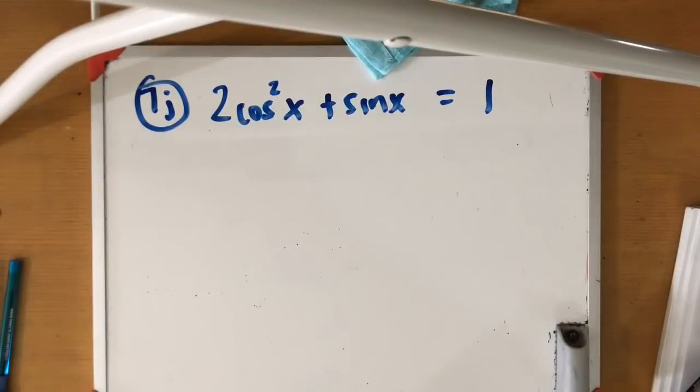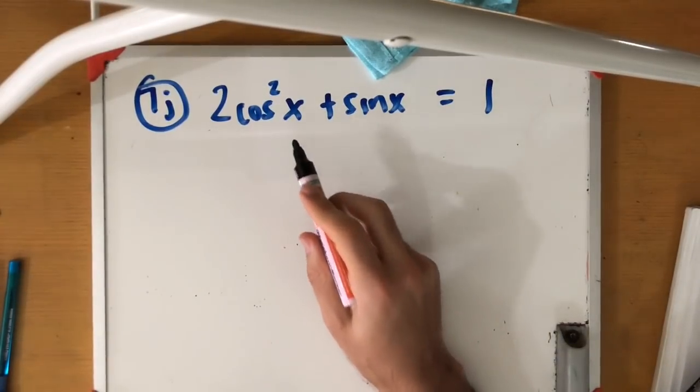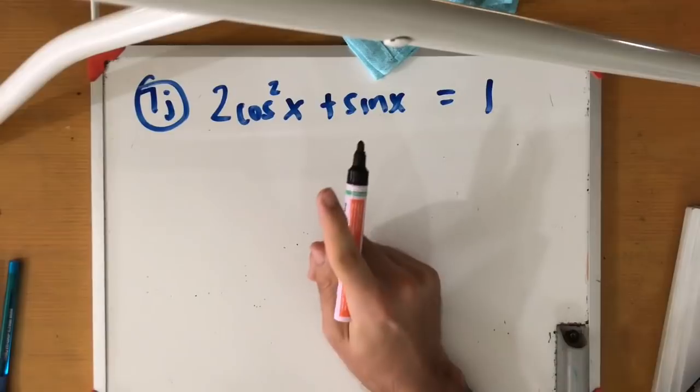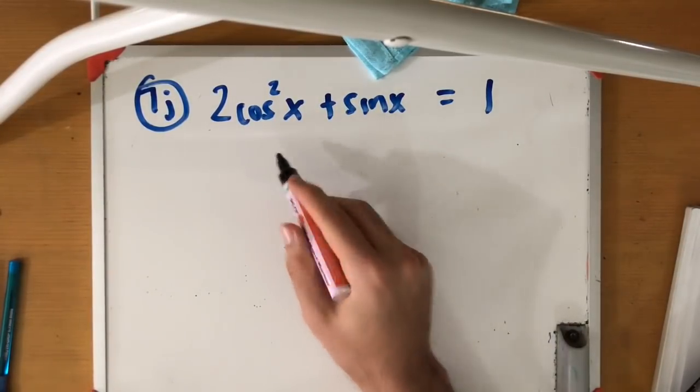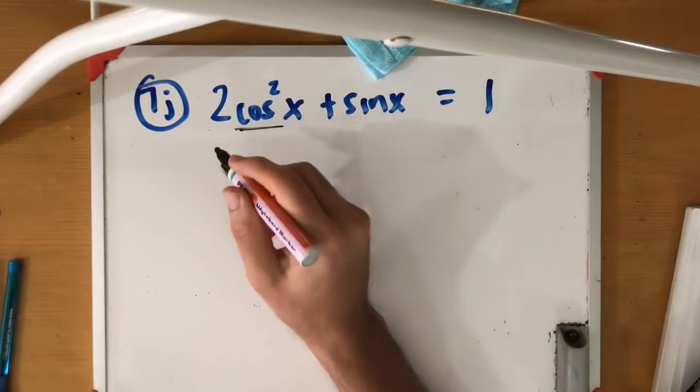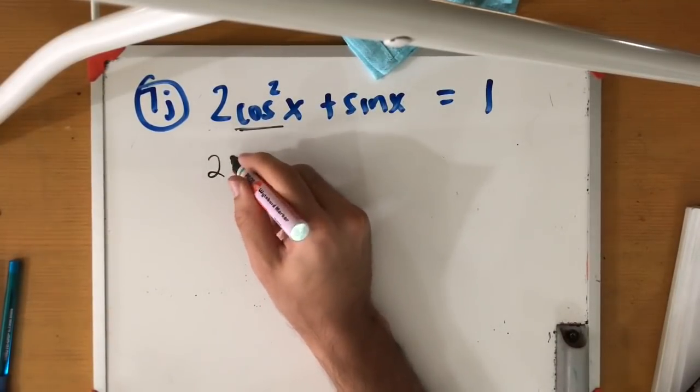All right, our final one, 7j. So for 7j, you're actually going to use one of your identities. Again, it's in your best interest to have just one trig function to deal with. So I do see an identity I can take advantage of here.